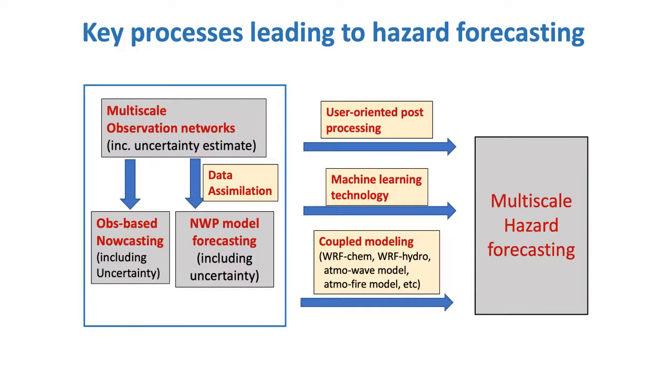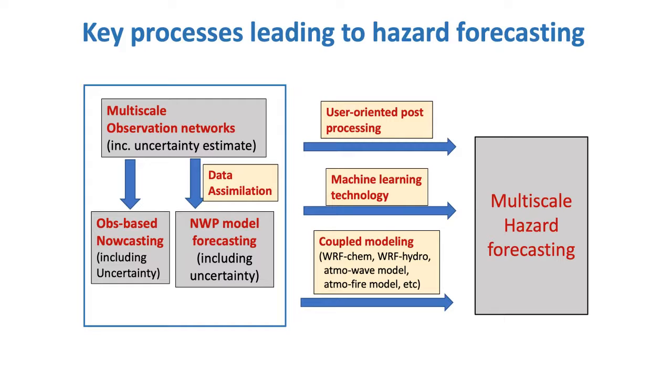Hazard forecasting involves several key processes, starting from multi-scale observations. These observations can be directly used to produce the hazard forecasting, or they can be used by numerical models through data assimilation to produce NWP-based weather forecasting, or they can be used in nowcasting systems to produce very short-term forecasting.